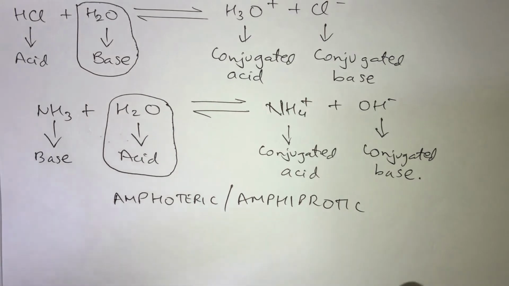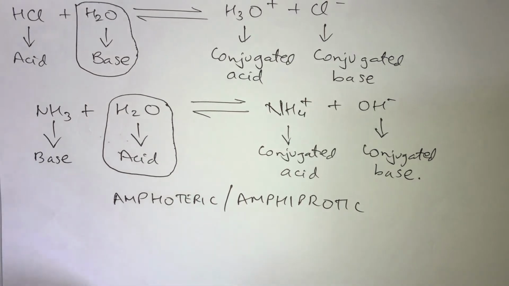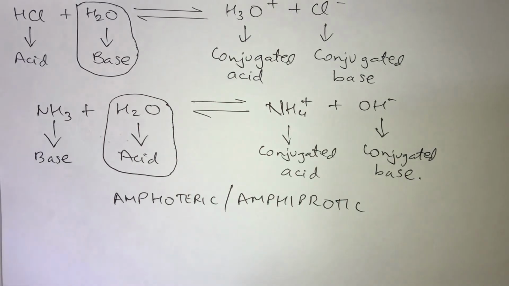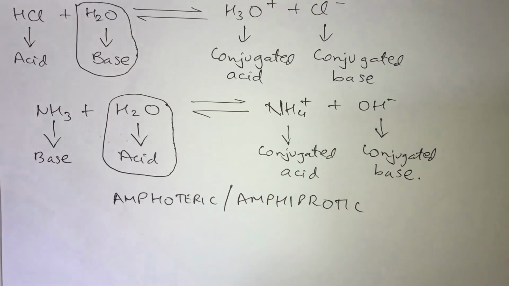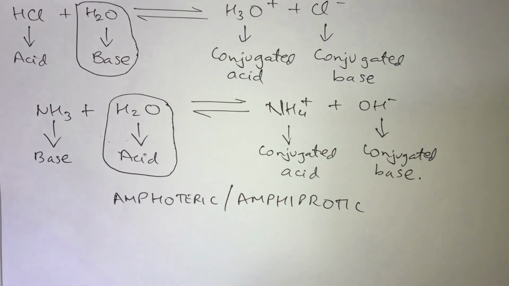Okay, so although Bronsted-Lowry theory is broader than Arrhenius theory, which we have studied earlier, it also emphasizes the presence of hydrogen in an acid like the Arrhenius theory.